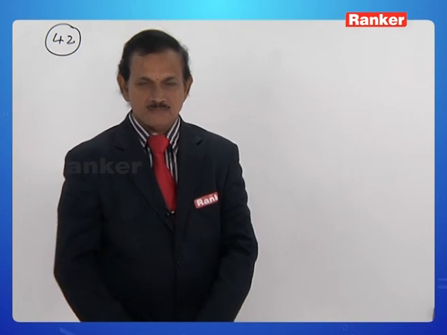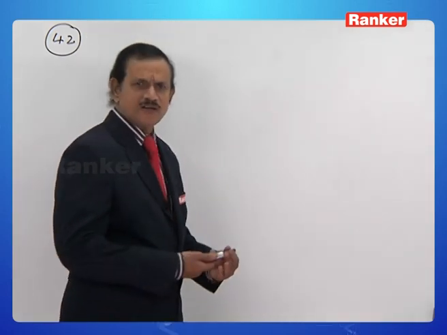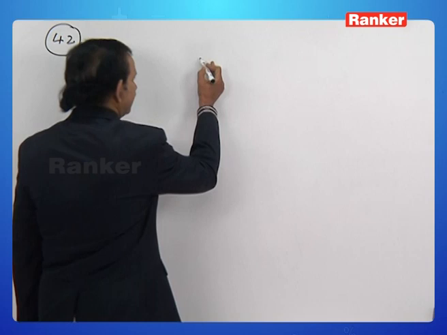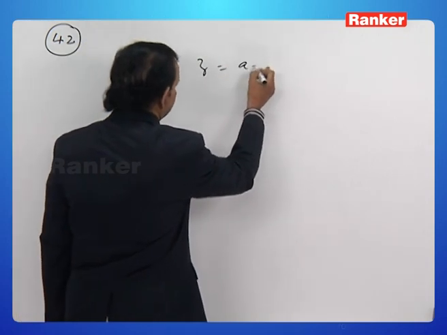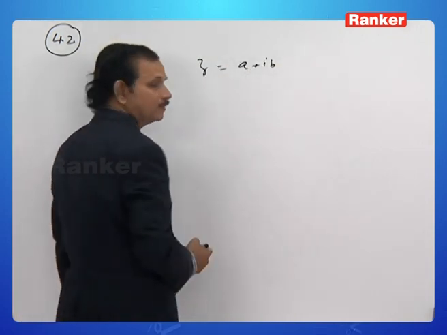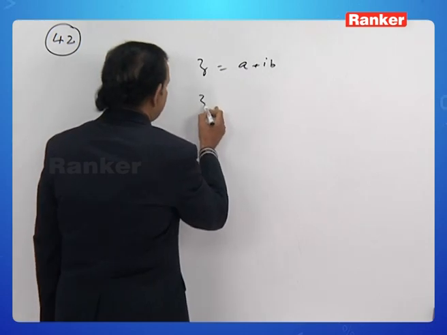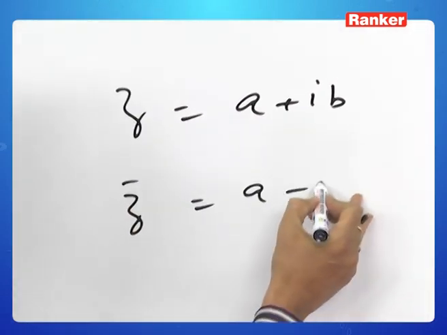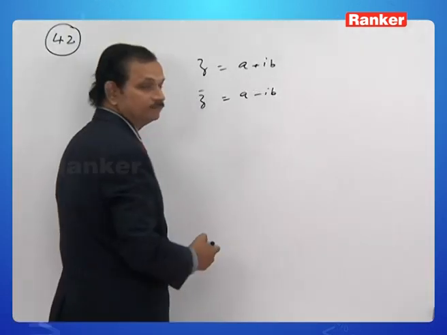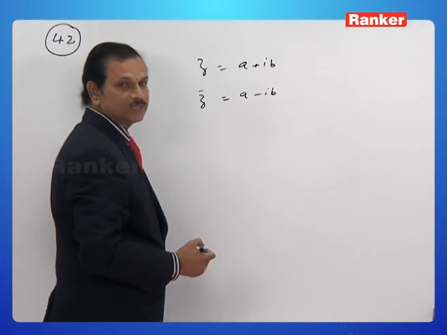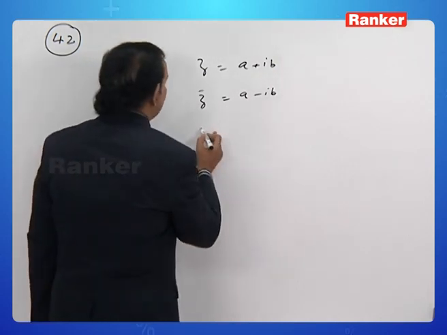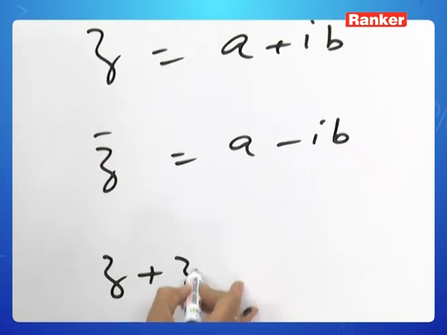It is very easy to verify. Suppose Z is A plus iB. Automatically Z bar is A minus iB.